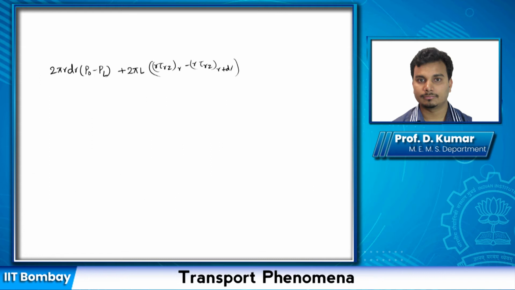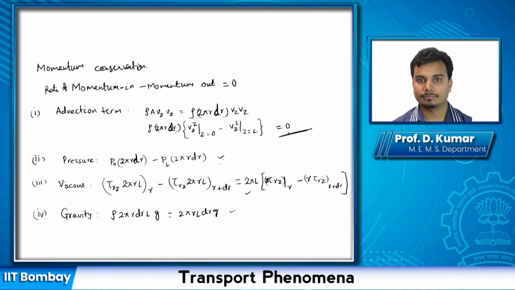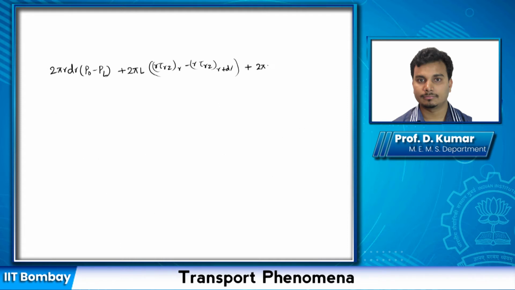Then you will have gravity plus 2 pi L g r dr, and this whole thing should be 0.